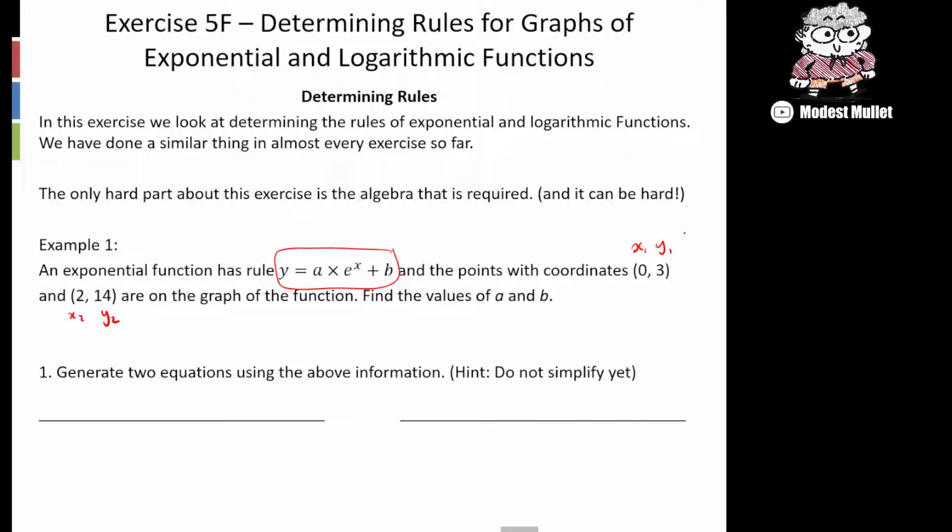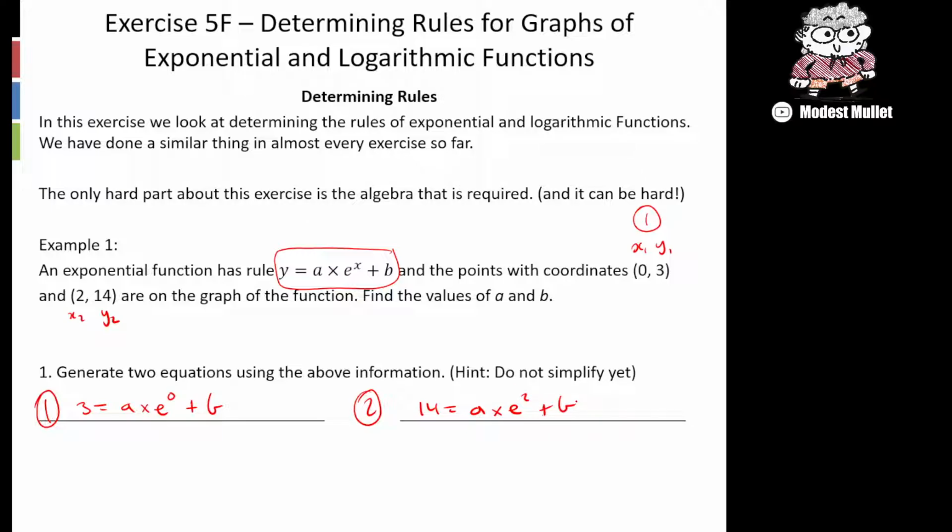So, let's substitute in coordinate 1. We're going to get 3 is equal to a times e to the 0, plus b. So that was substituting in coordinate 1. If we substitute in coordinate 2, we're going to get 14 is equal to a times e to the 2, plus b.